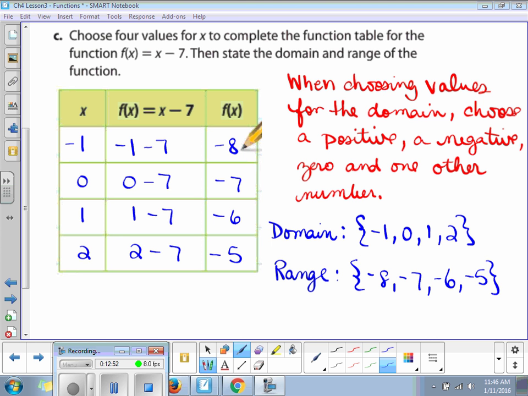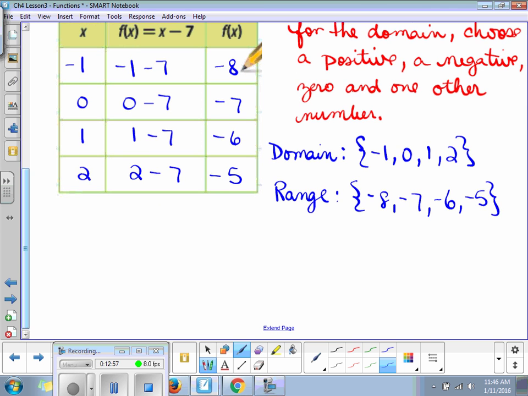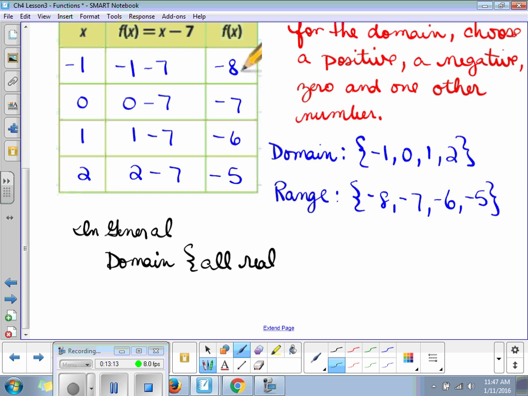So, if I expand this a little further, I can say, in general, my domain can be all real numbers, because I can put anything in there, right?